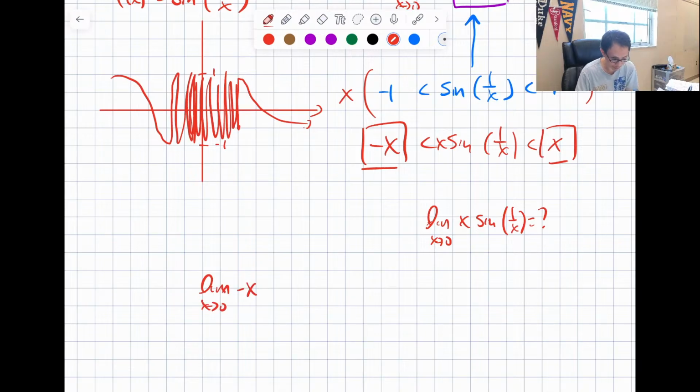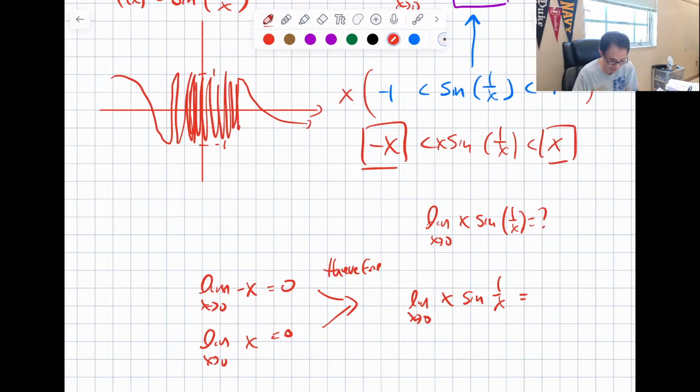What does that equal? 0. The limit as x approaches 0 of x is also 0. Therefore, the squeeze theorem says the limit as x approaches 0 of x sine of 1 over x must also equal 0, because the upper bound is equal to 0 and the lower bound is equal to 0.